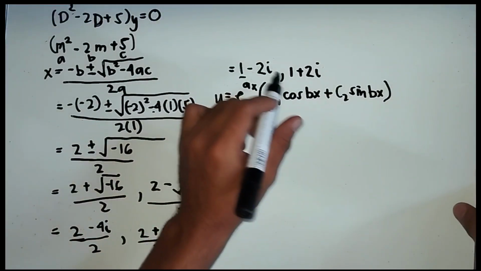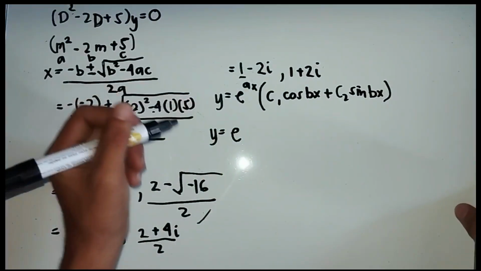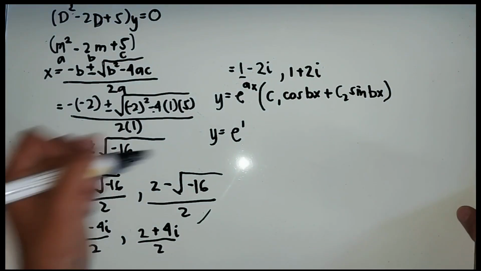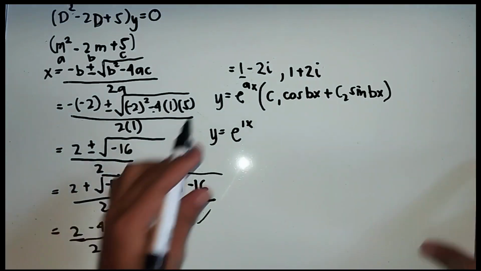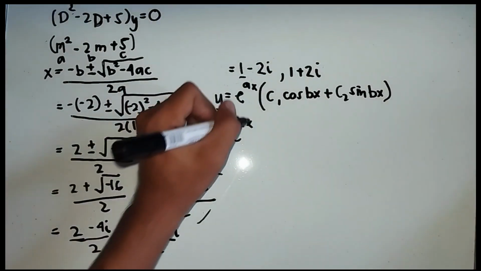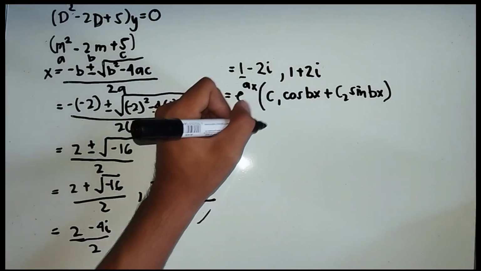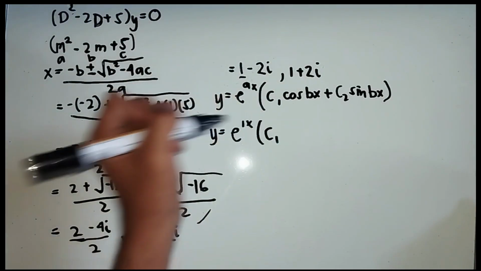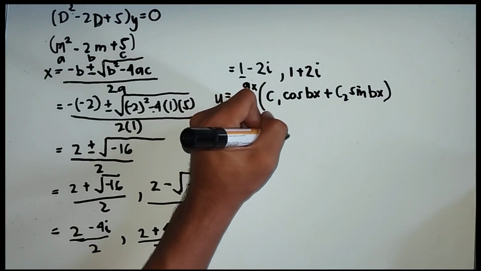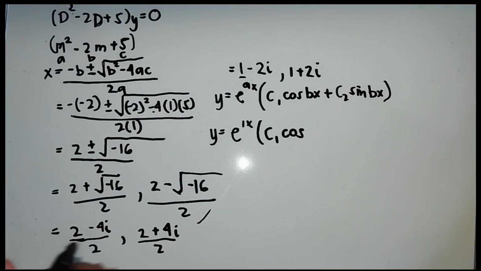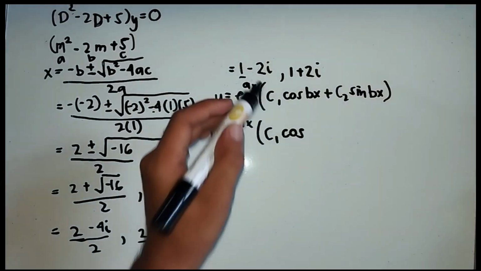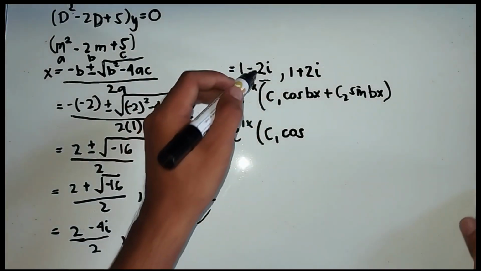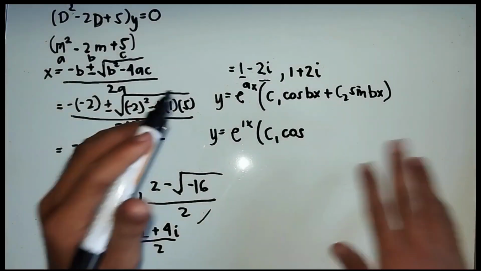So we have 1x, or just simply x, that doesn't matter. Then the quantity c sub 1 cosine of bx, where b here is this term, and we're just going to disregard the sign.